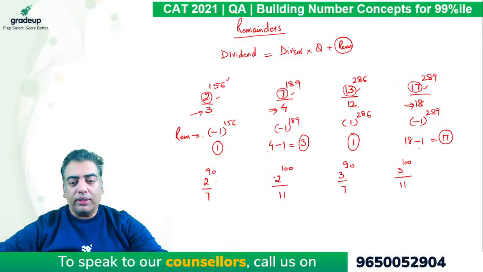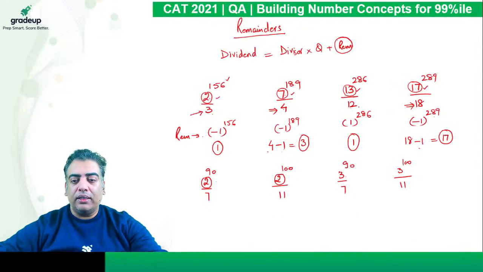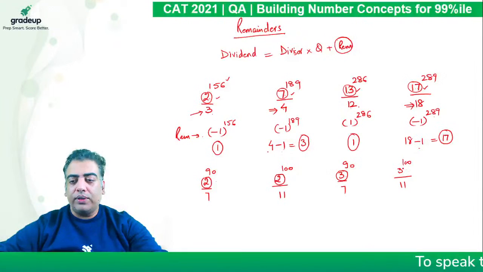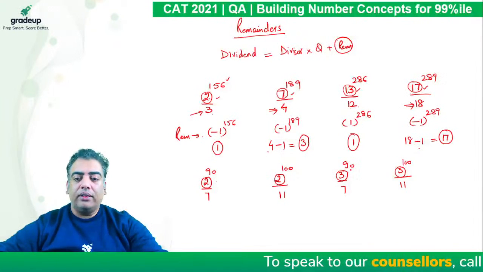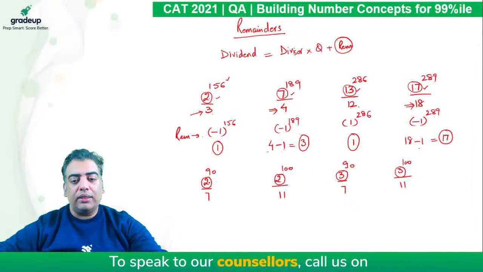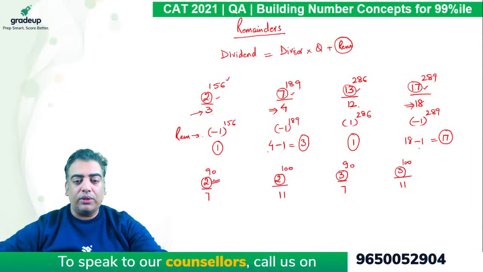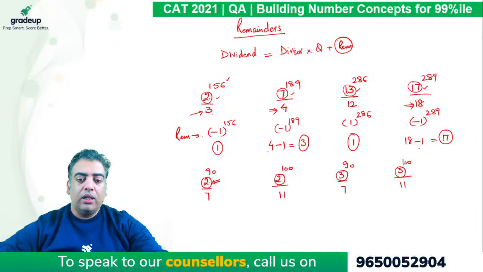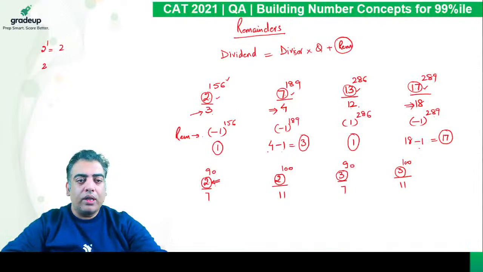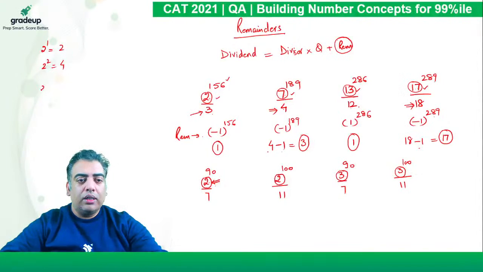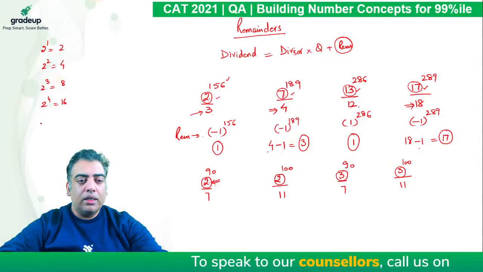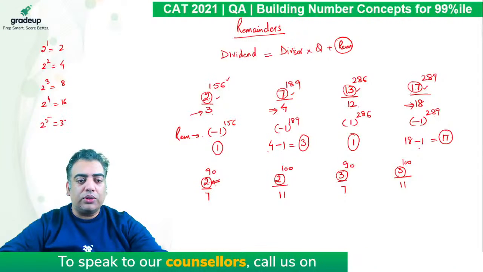Now, in order to solve these kind of cases, when the value here is not one more or one less than a multiple of divisor, in these kind of cases, we need to study the various powers of the value given to you here, right? So I will take different powers of 2, like 2 raised to power 1 is 2, 2 square is 4, 2 cube is 8, 2 raised to power 4 is 16, 2 raised to power 5 is 32, and so on.